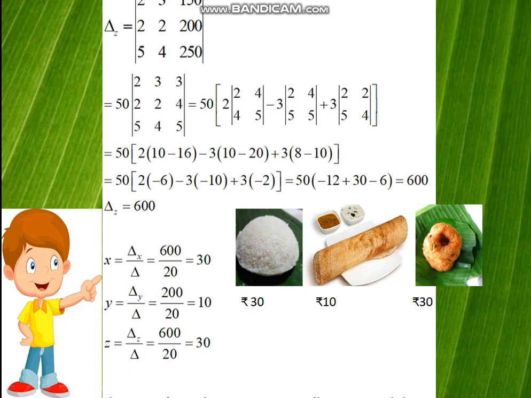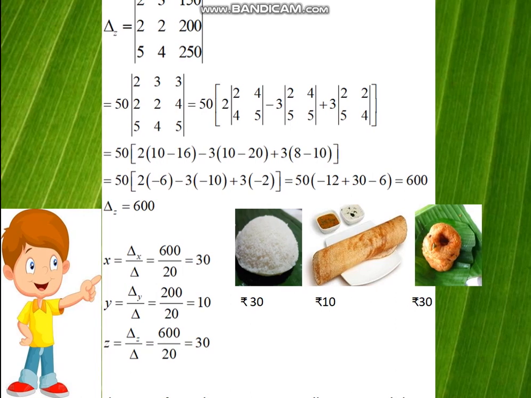Z is equal to delta z by delta, that is 600 by 20, equal to 30. Now we found the value of each item: for idli it is 30, for dosai it is 10 and for vada it is rupees 30.